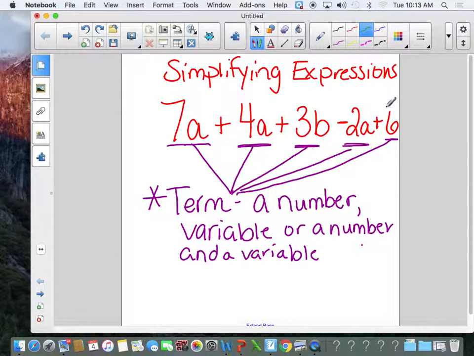So we're going to circle our 6 because it's a constant. We're going to write down a constant. How would you describe that to someone who knows nothing about algebra? Patrick. It's a number without a variable.